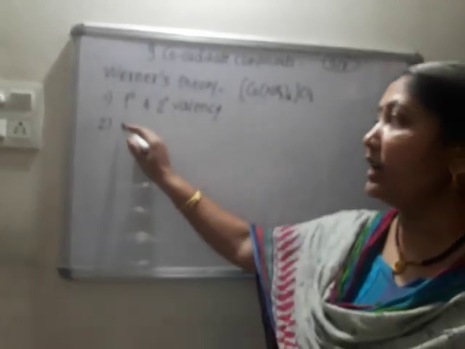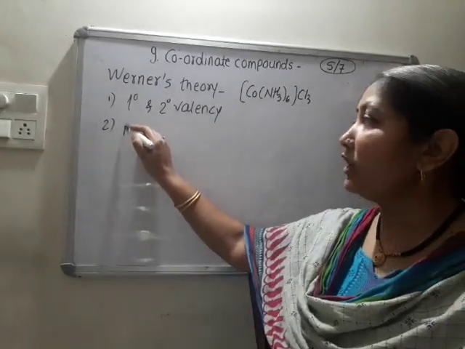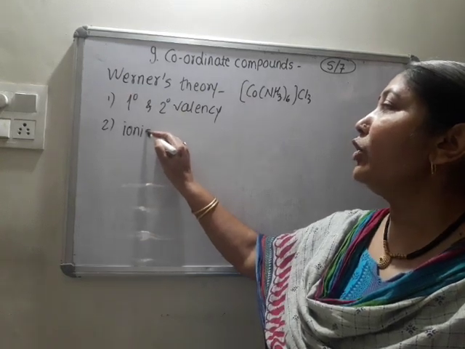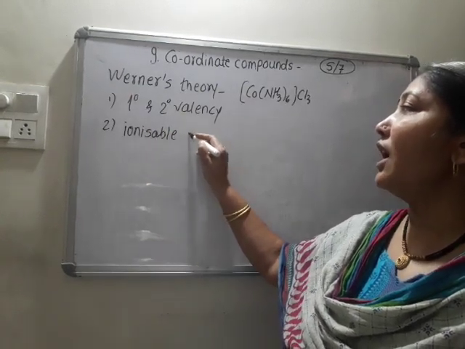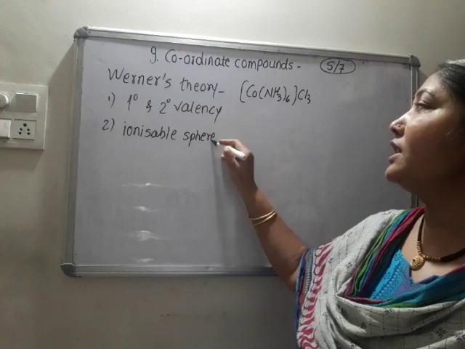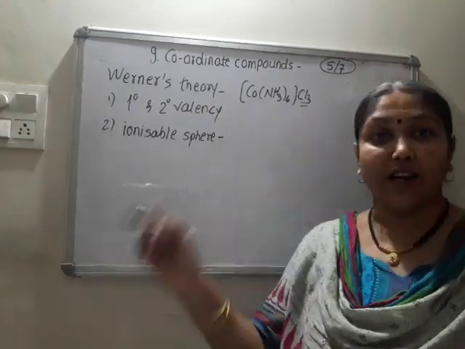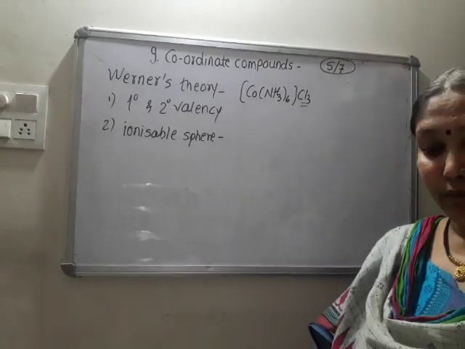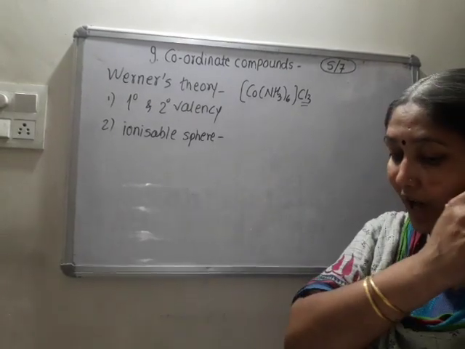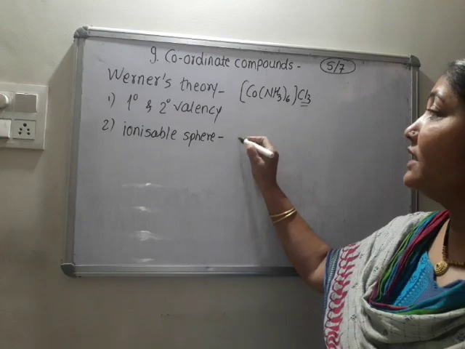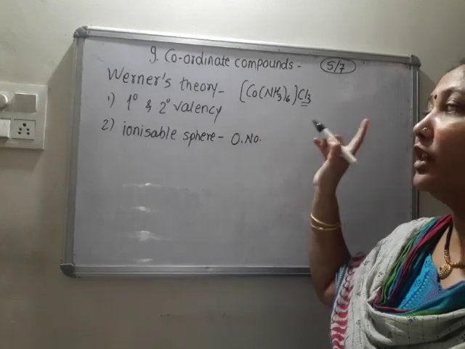So the first sphere is the primary sphere, which is also called the ionizable sphere. What is this ionizable sphere? The ions which are separated, which are ionized, are found in the ionizable sphere, and this is related to oxidation number.